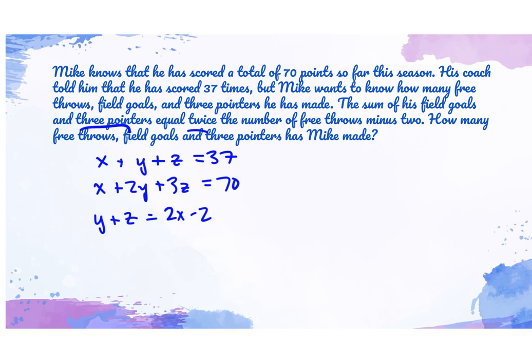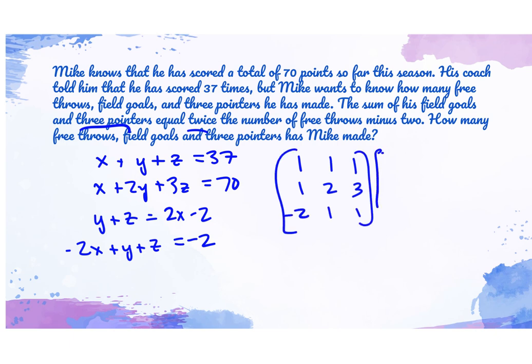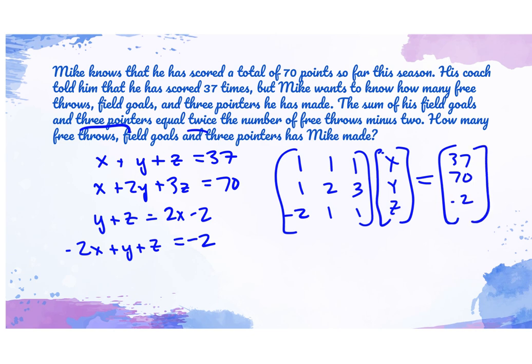I'm going to rewrite this as negative 2x plus y plus z equals negative 2. Now I'm going to rewrite this as a matrix. I'm going to have 1, 1, 1, 1, 2, 3, negative 2, 1, 1, multiplied by x, y, and z, and that equals 37, 70, and negative 2.